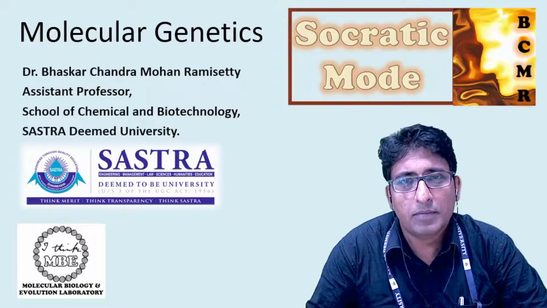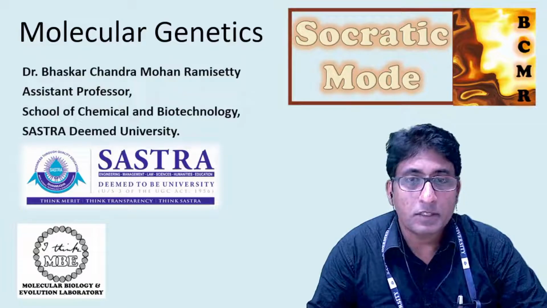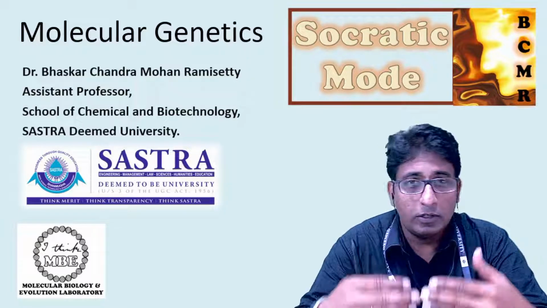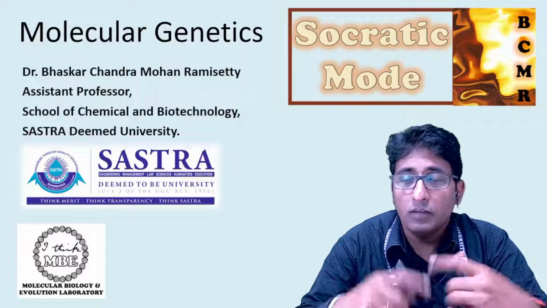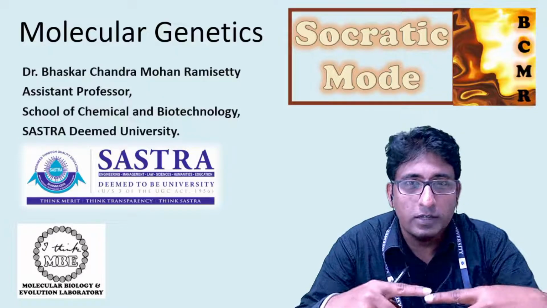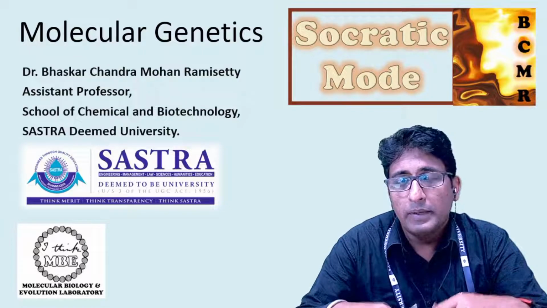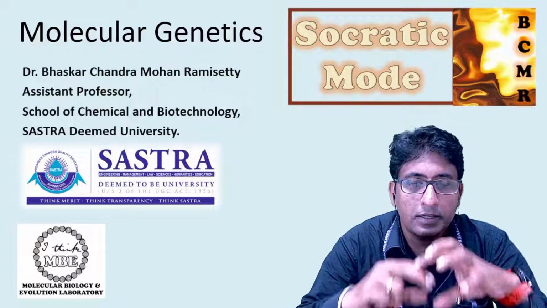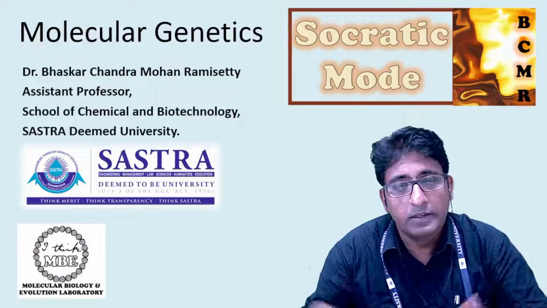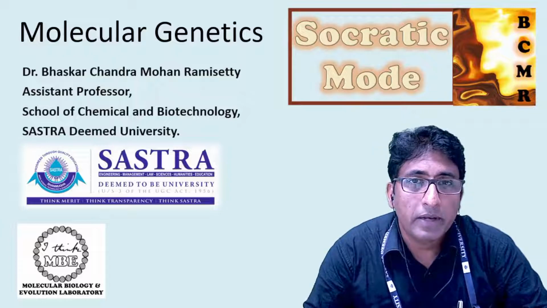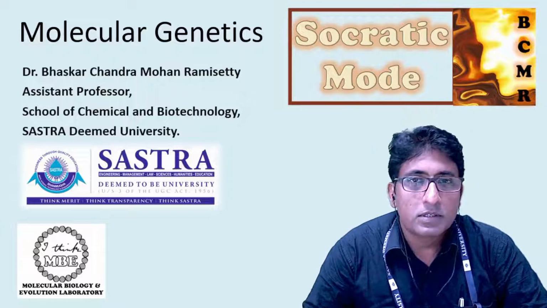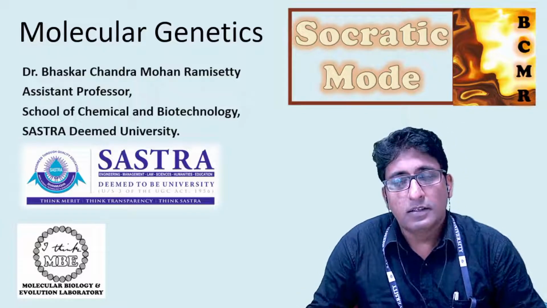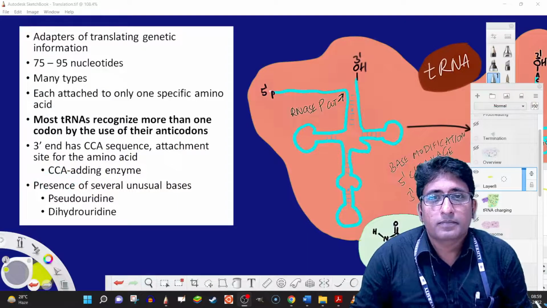It's a kind of adapter molecule that is important for reading the message or the information that is present on the mRNA in the form of nucleotides, and then bringing in a corresponding amino acid to the translation so that it can eventually make a sequence of amino acids. So the tRNA molecules play a very central role, and we'll try to understand the importance of it.